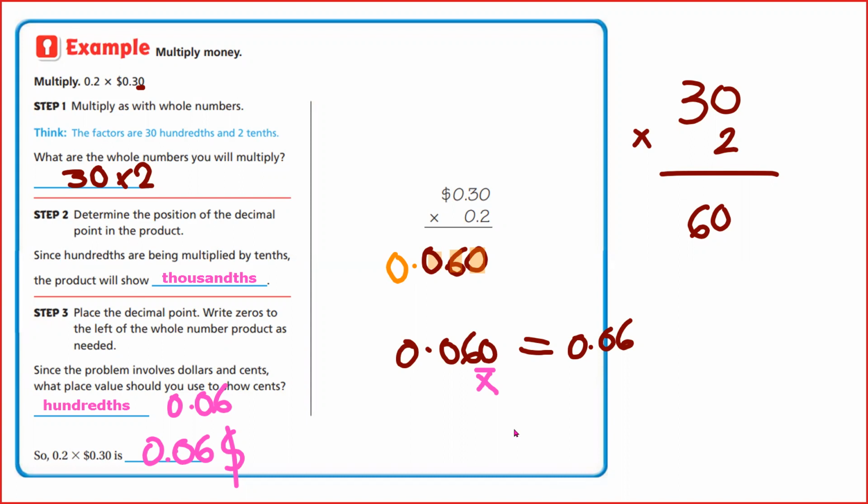What's your question, Muna? Like here, when you write 0.2 times 0.30 is 0.06. There's two digits, not just three. You mean this one here?